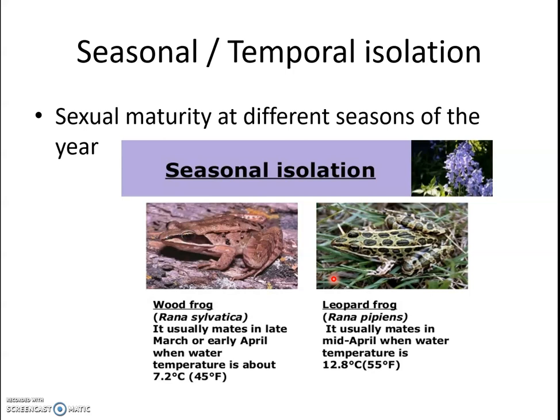Another example is the case of Bufo, the common toads, Bufo americanus and Bufo fowleri. There are two species, they cannot interbreed again because of the two different breeding seasons.